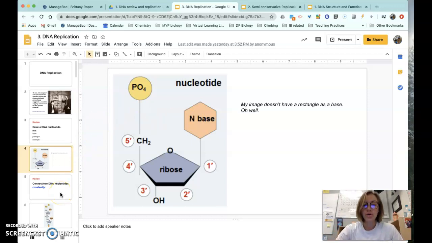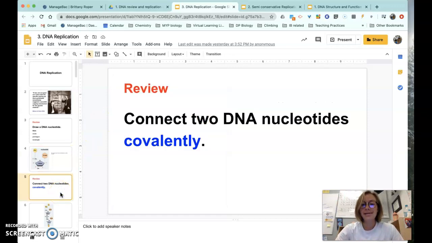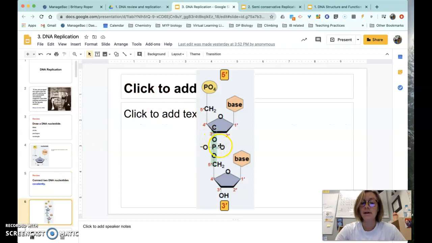So if you can now draw another nucleotide and connect them covalently, you're going to start seeing that they attach together at their 5' to 3' ends, right? So that 5' phosphate end is going to bind to that 3' sugar shoulder, okay?